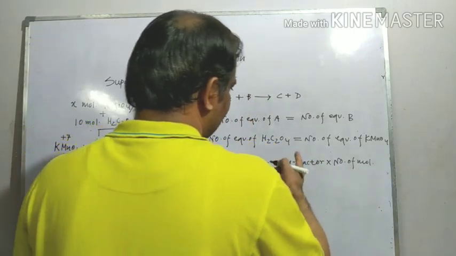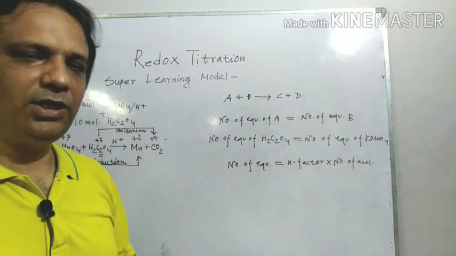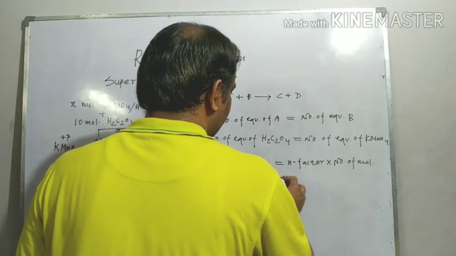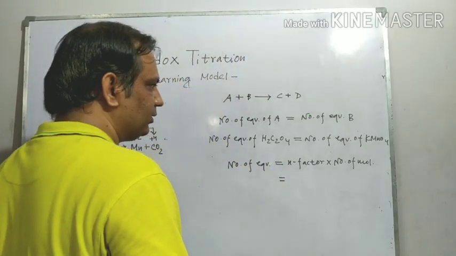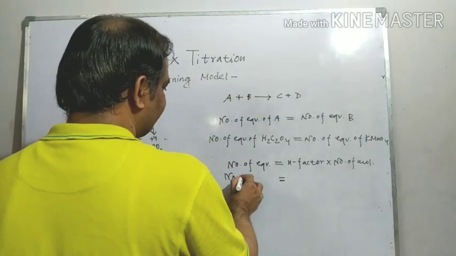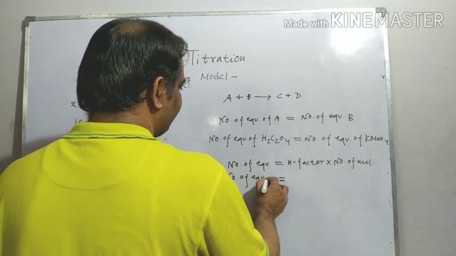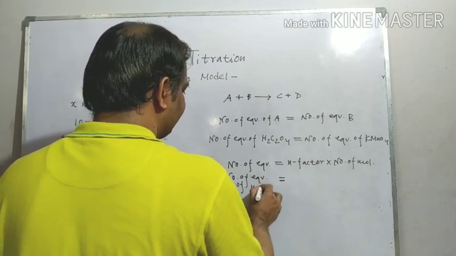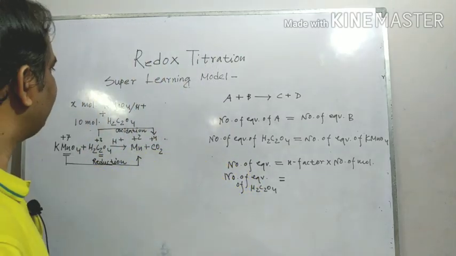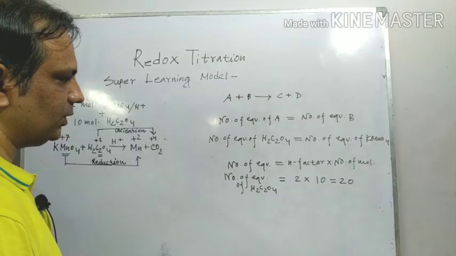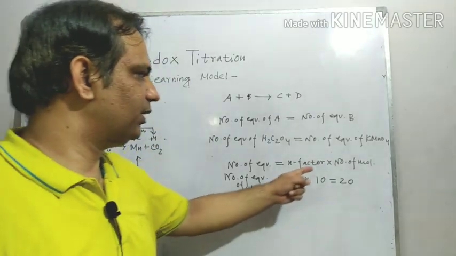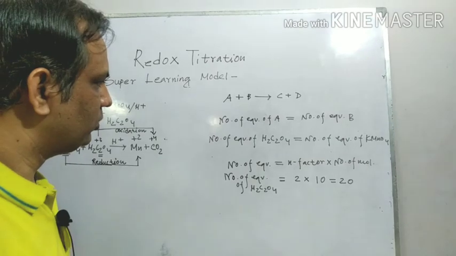In case of an oxidizing or reducing agent, the N factor is the number of moles of electrons involved for 1 mole of the reactant. So for the number of equivalents of oxalic acid, I have taken 10 moles. The number of equivalents is 20, because 2 is the N factor and the number of moles taken is 10.